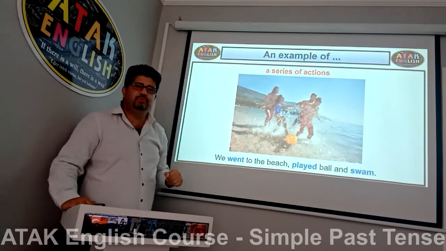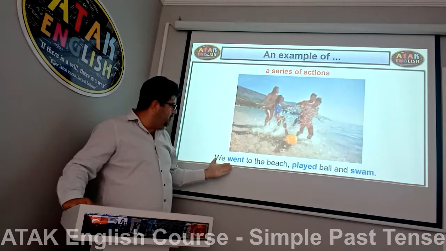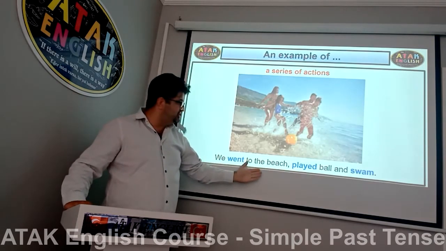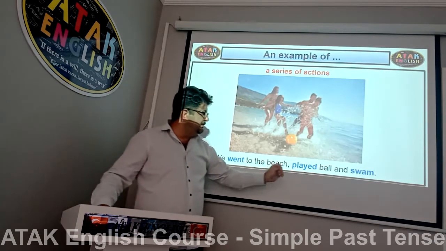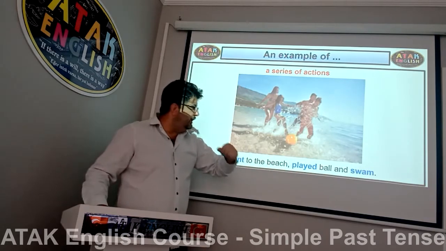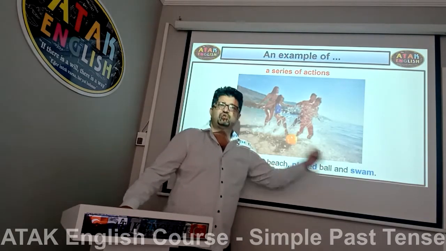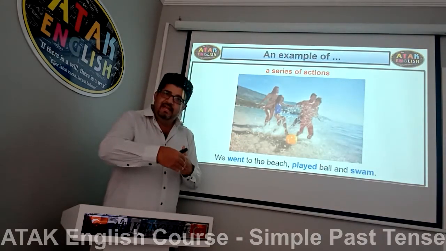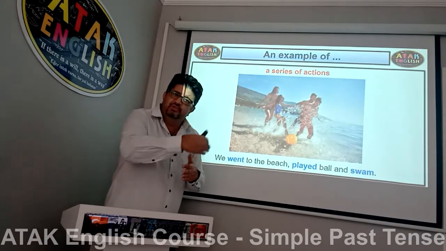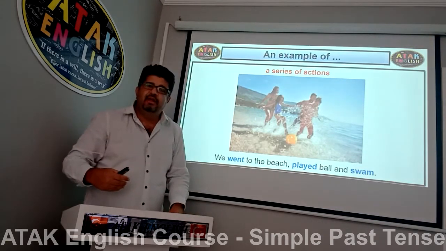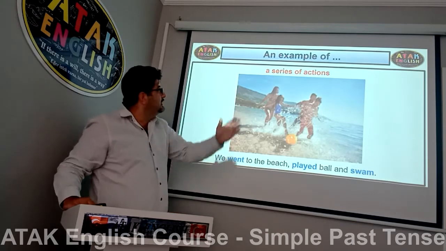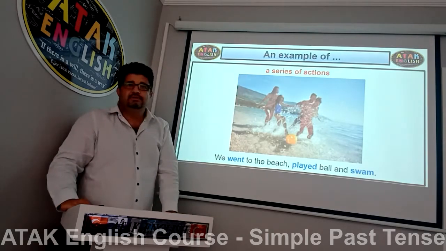How many actions do we have? Going to the beach. We went to the beach. Number 2 action, played ball. And number 3 action, swam. So there is a series of actions, one after another. And in this situation, I use simple past.